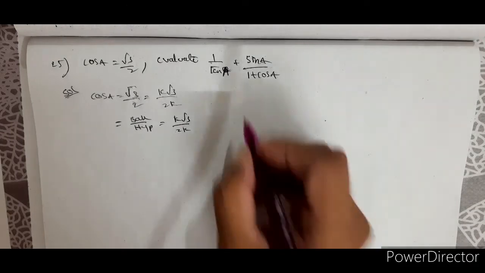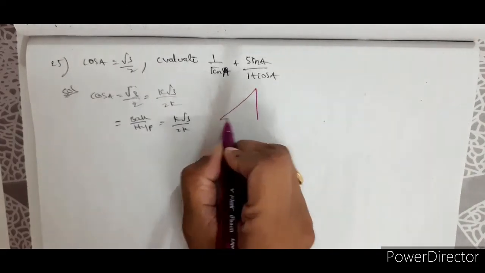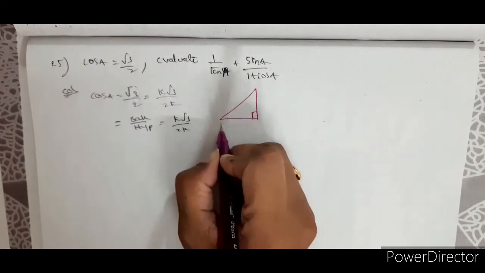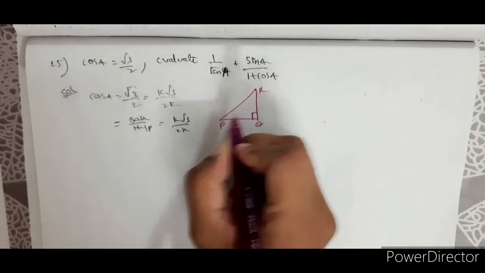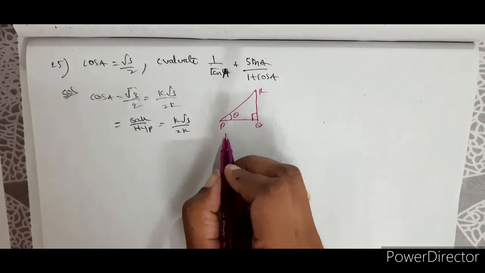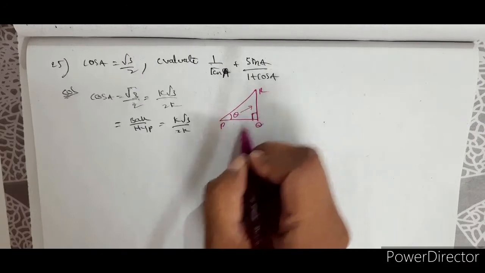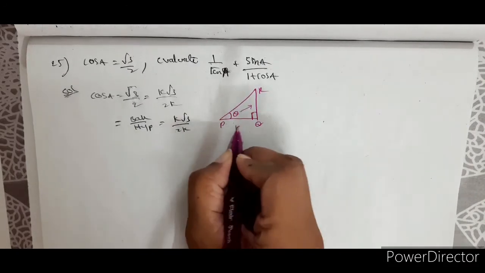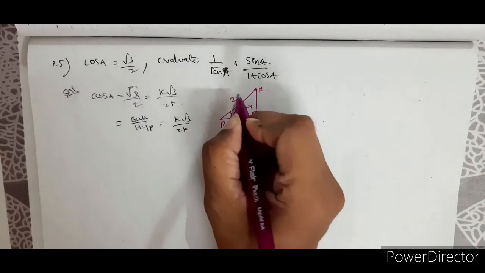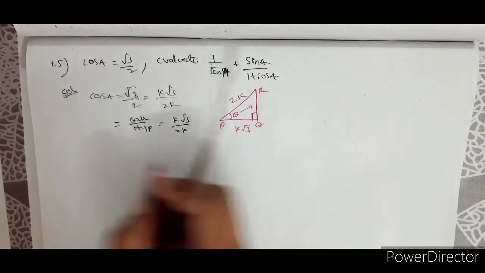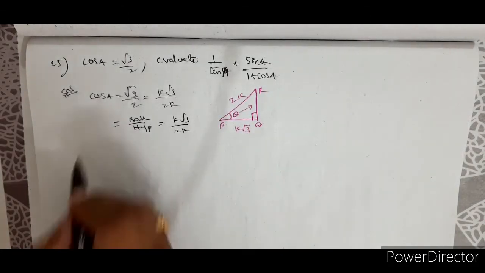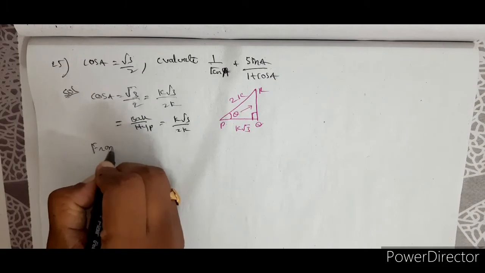Let us draw the right angle triangle as usual. Right angle at this point, let me name the vertices as PQR. If this is theta, this is the perpendicular, this is the base. Now base is k root 3 and hypotenuse is 2k. Okay, now from Pythagoras theorem we are going to determine the other side.